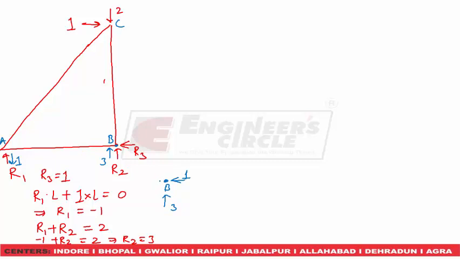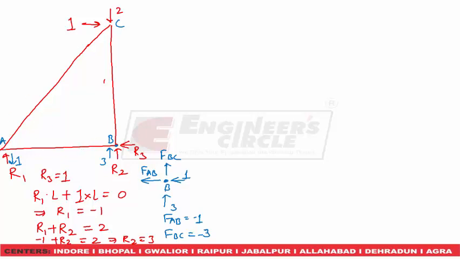From left let it be FAB and from top FBC. So here FAB will be equal to minus 1, FBC will be equal to minus 3. This is a simple application of method of joint.